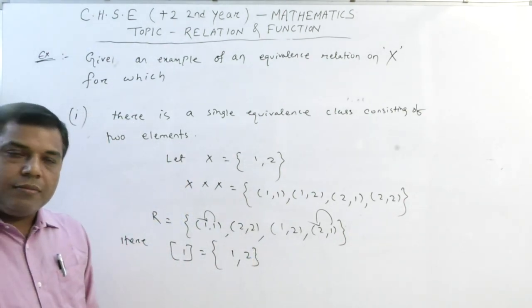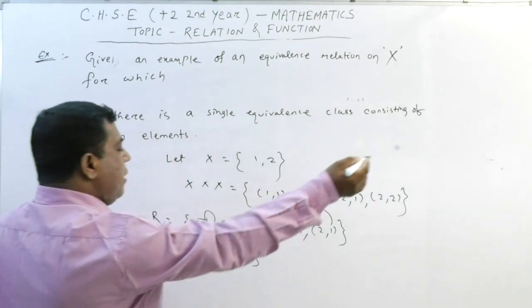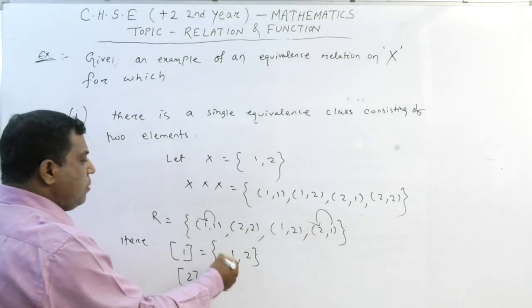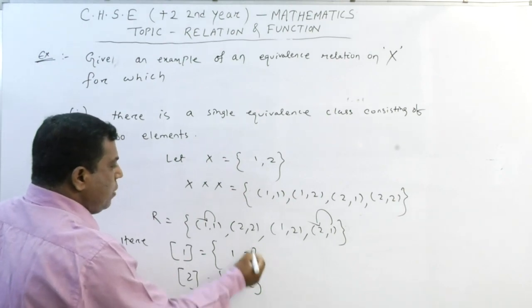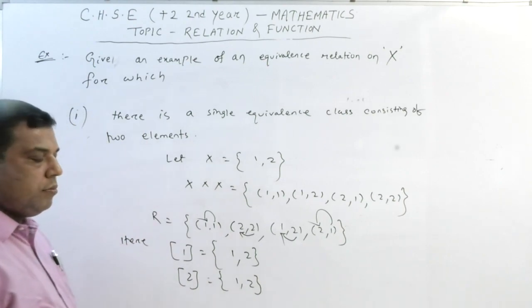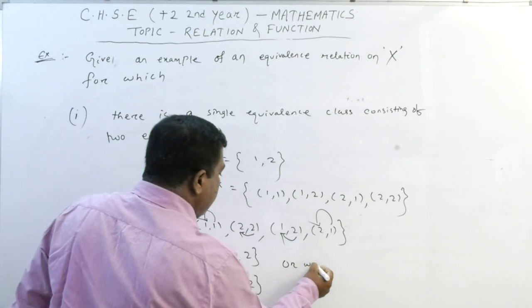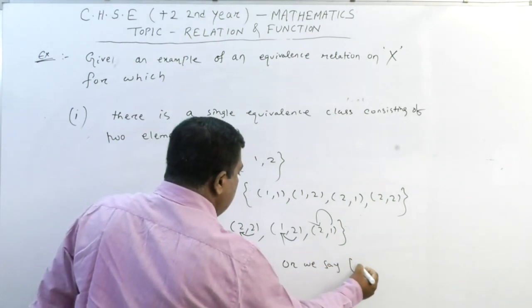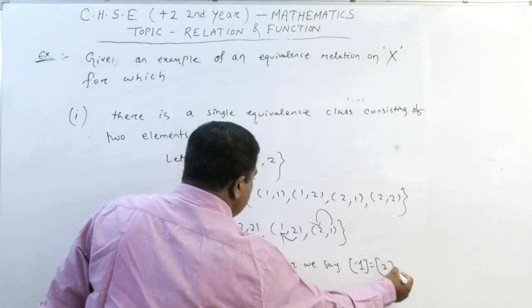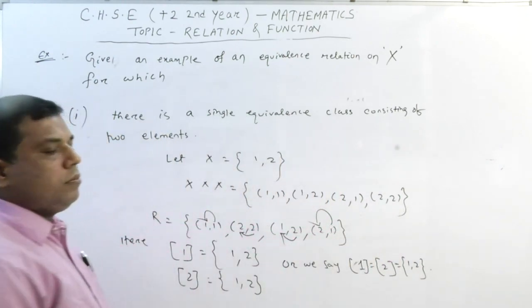Clear? And somebody may ask me, sir, the equivalence class of 2. You see, the equivalence class of 2 is also 1 2 because 2 is related to 2 and 2 is related to 1. Those pairs are present. Or we can say the equivalence class of 1 is equal to the equivalence class of 2, which consists of the elements 1 2.